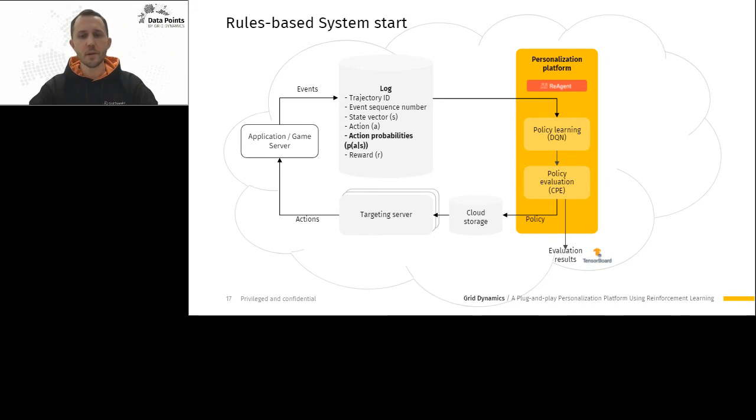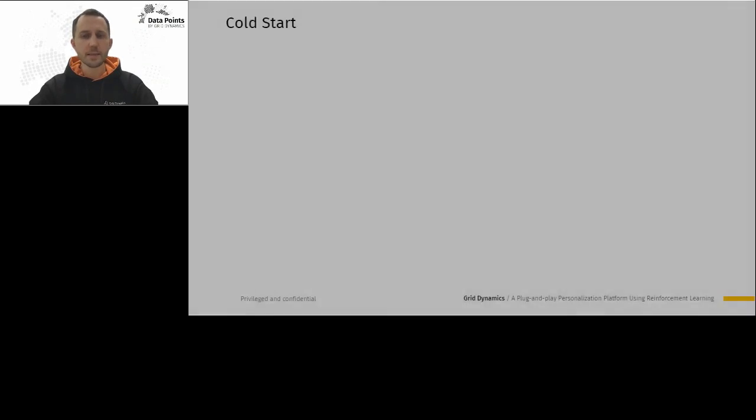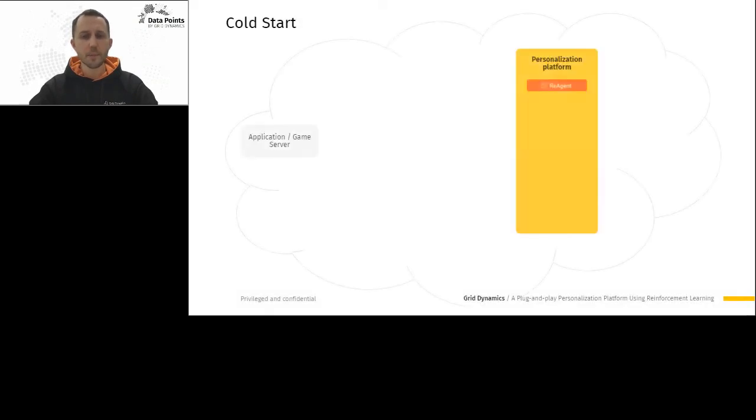Let's say we don't have a rules-based system and logs at all, but someone came up with the promo options. Then there is an option to run an agent with a random policy. Perhaps at first such an agent will not make a profit, but it will be able to learn from the results of its work and adjust the policy.